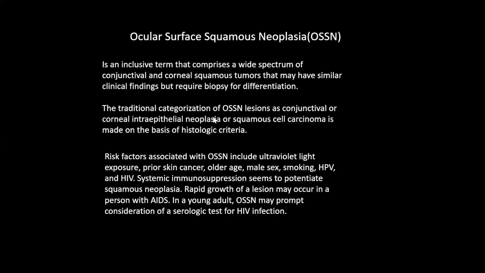So the traditional categorization of OSSN lesions as conjunctival or corneal intraepithelial neoplasia, that is CIN, or squamous cell carcinoma, is made on the basis of histologic criteria. You need histology to determine whether it's a malignant or a pre-malignant lesion. And these risk factors run through all of them, as we can see: exposure to ultraviolet radiation, a history of skin cancer, old age, male sex, smoking, HPV infection, and HIV infection.